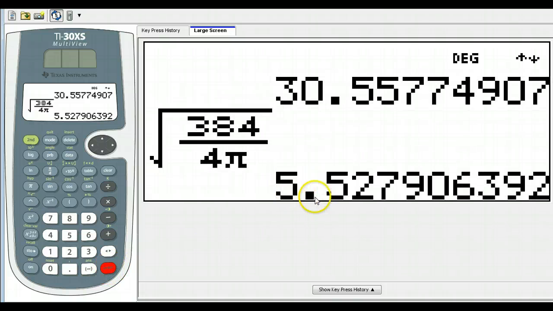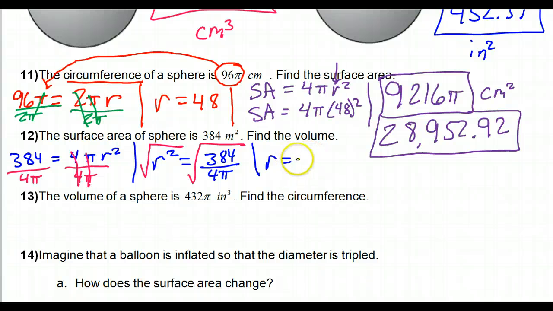That gives me 5.5279, whatever. For right now, I'm going to write down 5.53. So that's my radius, 5.53. Okay, but I'm not finished because I have to keep going until I find the volume.